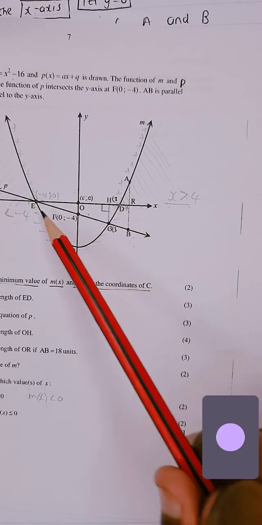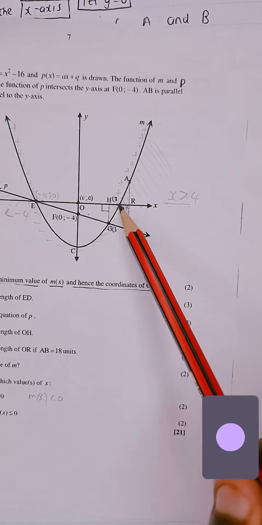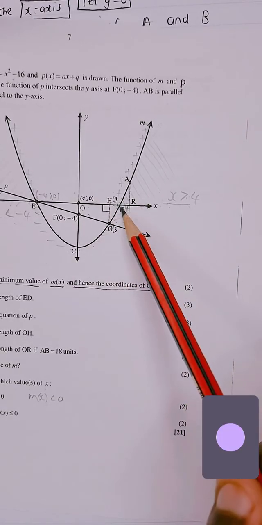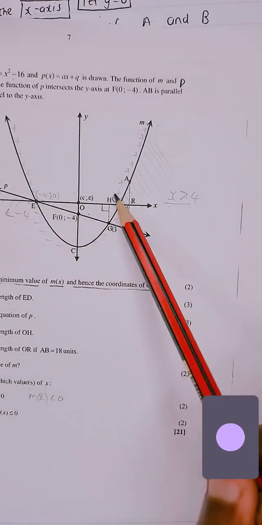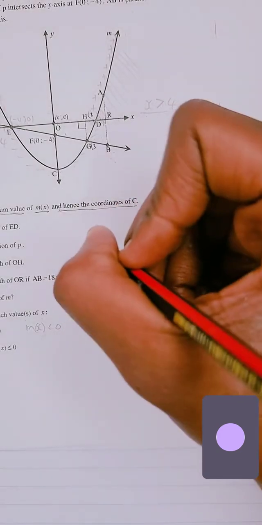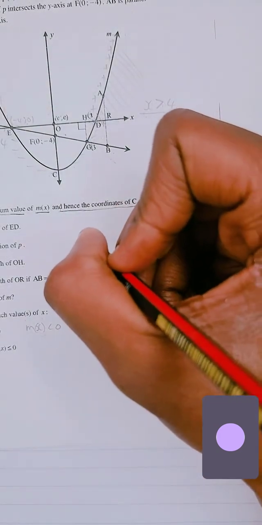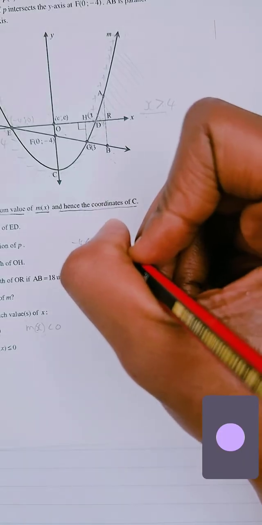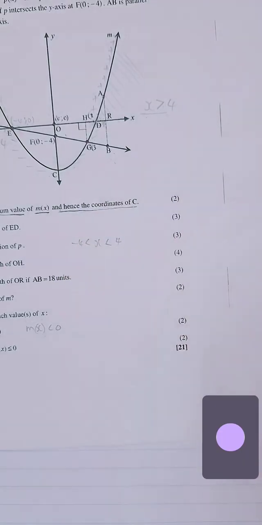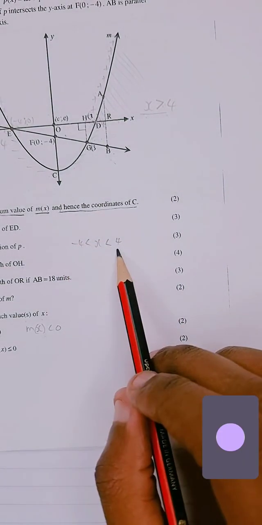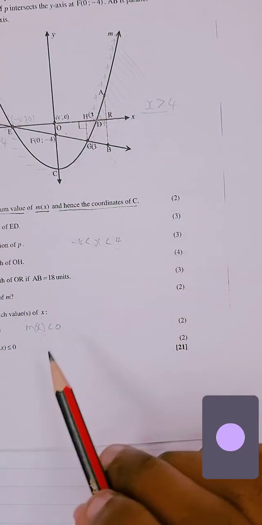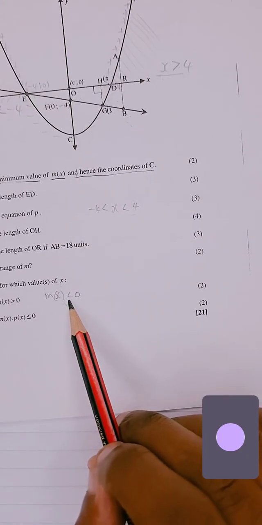Y is negative between negative 4 and 4. So if you write the answer, you can say x greater than negative 4 but less than 4. This would have been our answer that we could have written down to answer this question.